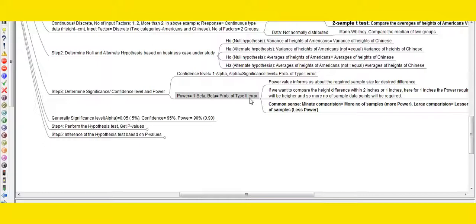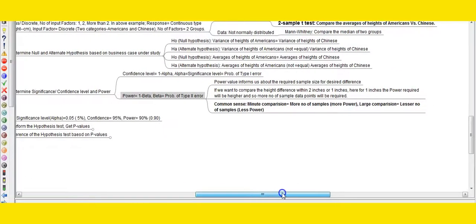What kind of difference will my hypothesis testing show me once the results are there, the differentiation it can predict in the testing. So this power is very, very important when it comes to knowing the difference. Here we can say that the power value informs us about the required sample size for the desired difference.